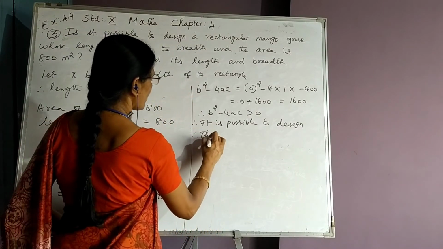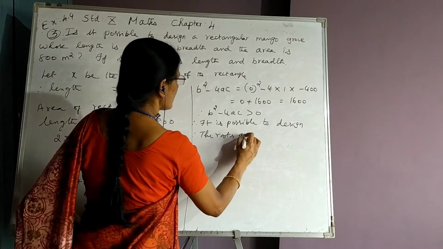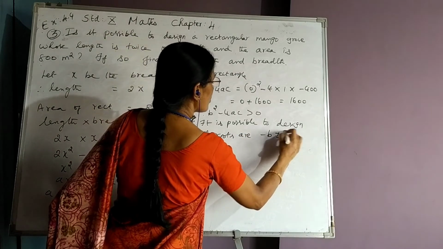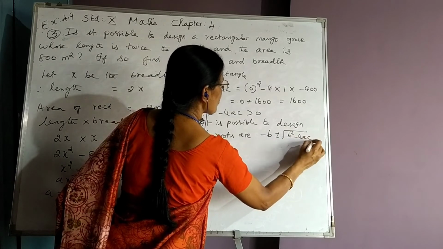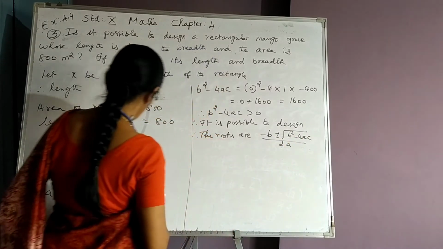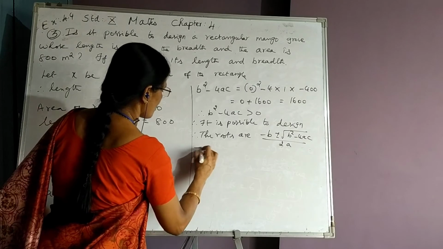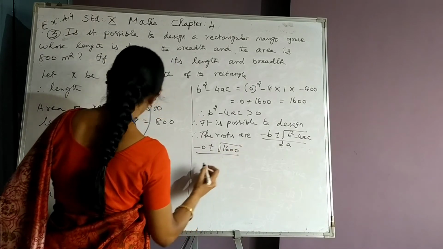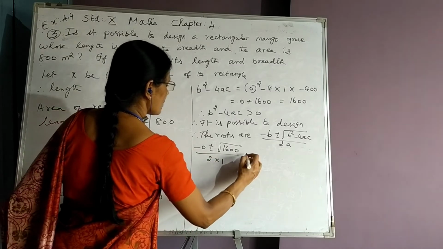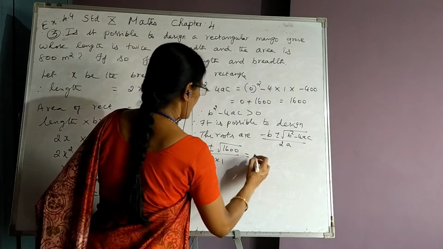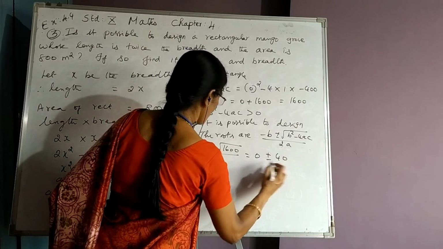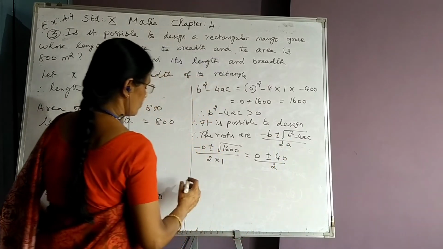Therefore, let us find out the roots. The roots are minus b plus minus root of b² minus 4ac upon 2a. The b value is 0, so minus 0 plus minus root of 1600 divided by 2 into 1, which is equal to 0 plus minus root of 1600, which is 40, upon 2.